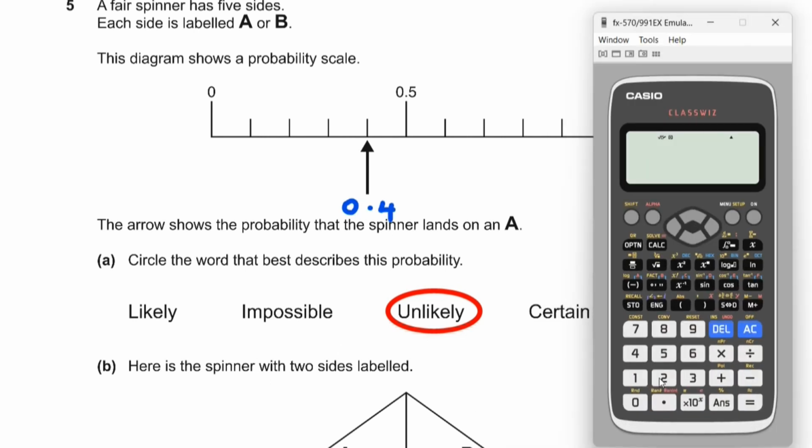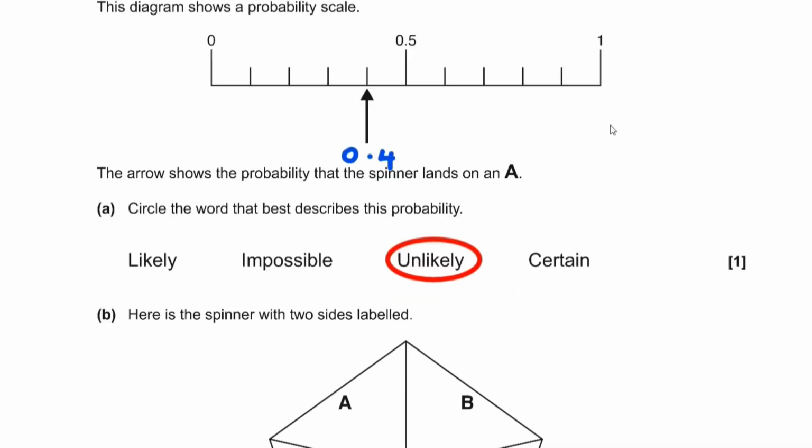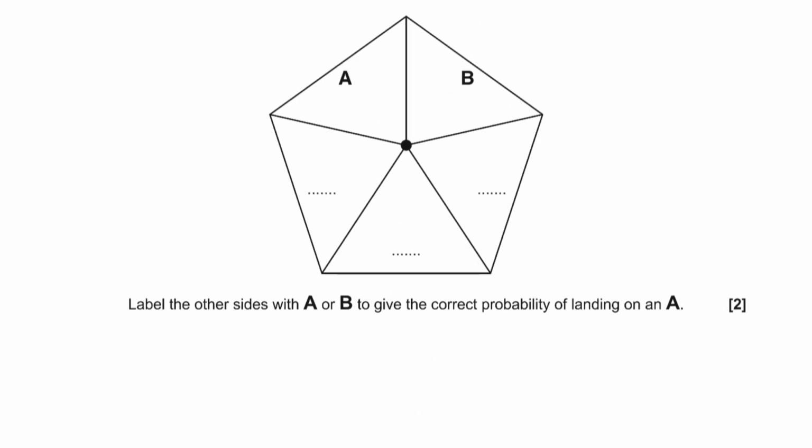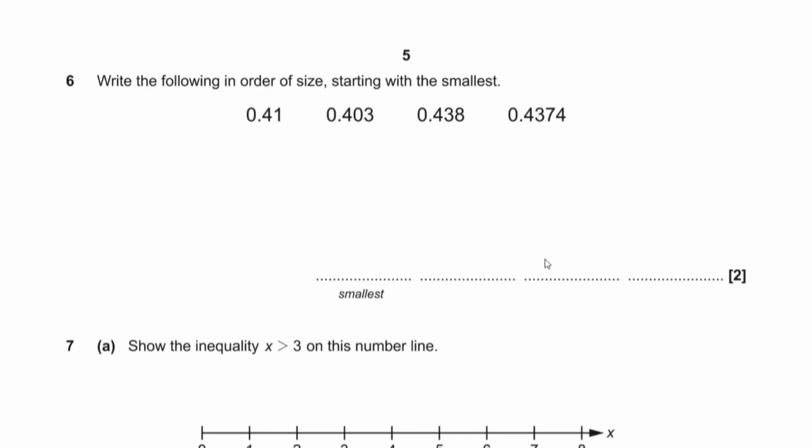What is 0.4? That's 2 out of 5. So we have 2 A's out of 5. So we have an A here, an A here. We've got 2 of those A's. The rest are B's. So we have 2 A's and 3 B's.